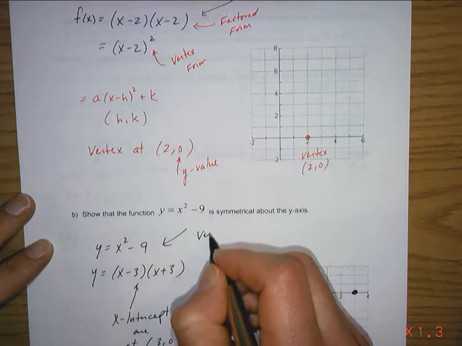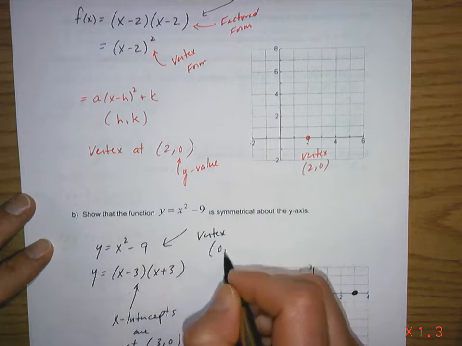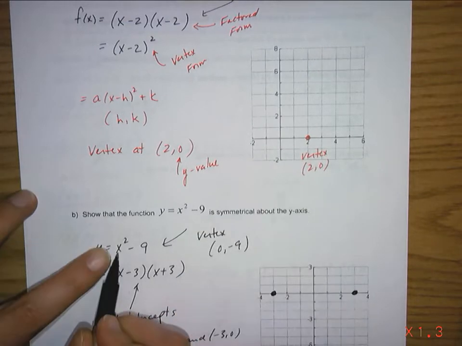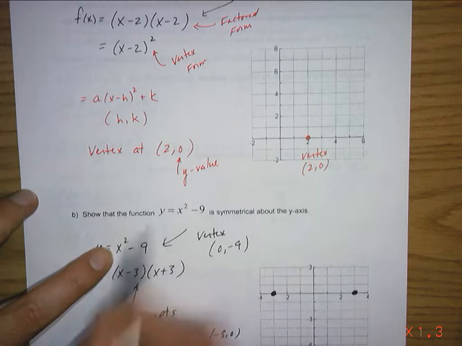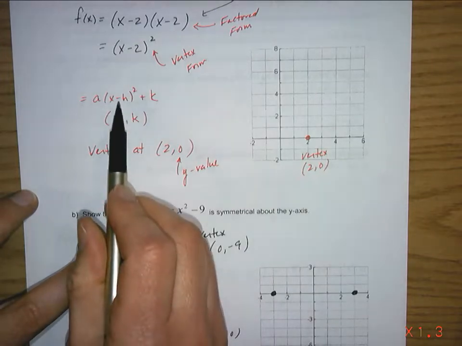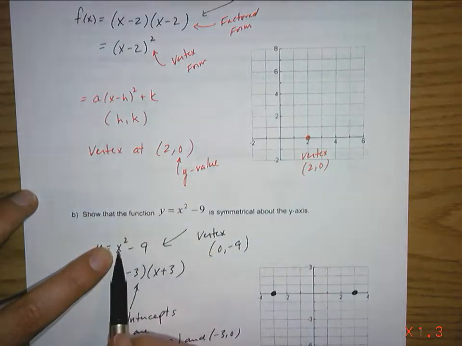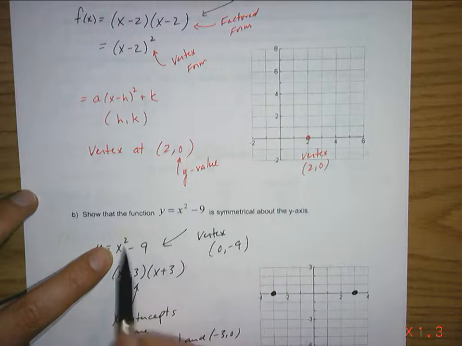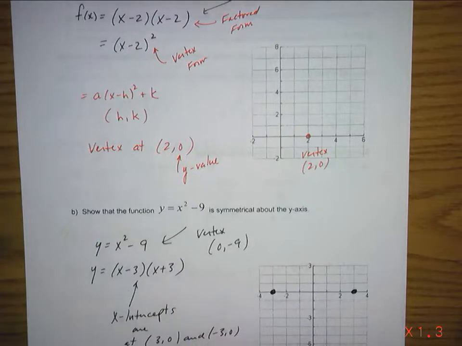So this has a vertex of 0 comma negative 9. So again, in h, if I think about it in this form, the h value is 0 because it's just x squared, but my k value is negative 9. Or you could consider this standard form, and this is my c value. It doesn't matter. It all works.